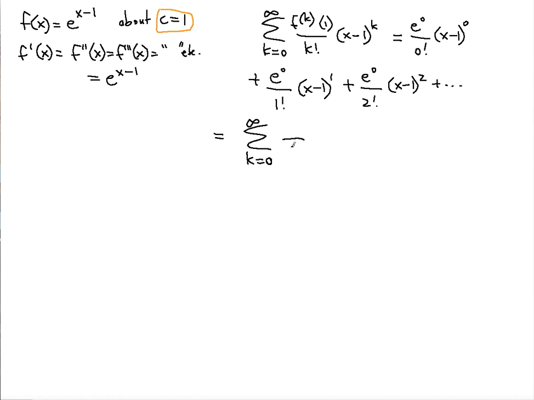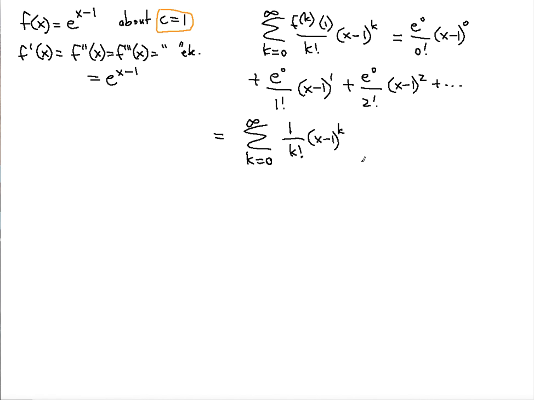So k starts from 0, so it's just k factorial. Now there's a 1 in there, so we can just write 1. And then here we write x minus 1 to which power? The powers match the factorial numbers, 0, 1, 2, so since there's a k, we can just write k in there. That's it. We found it.